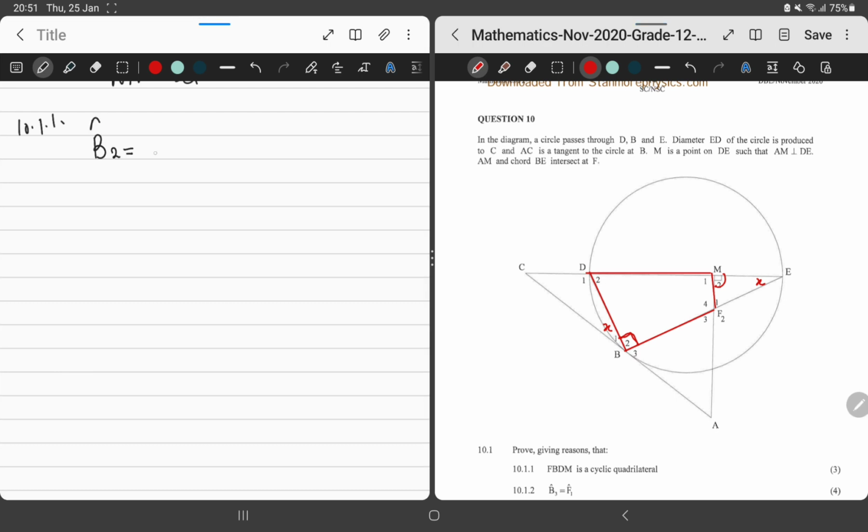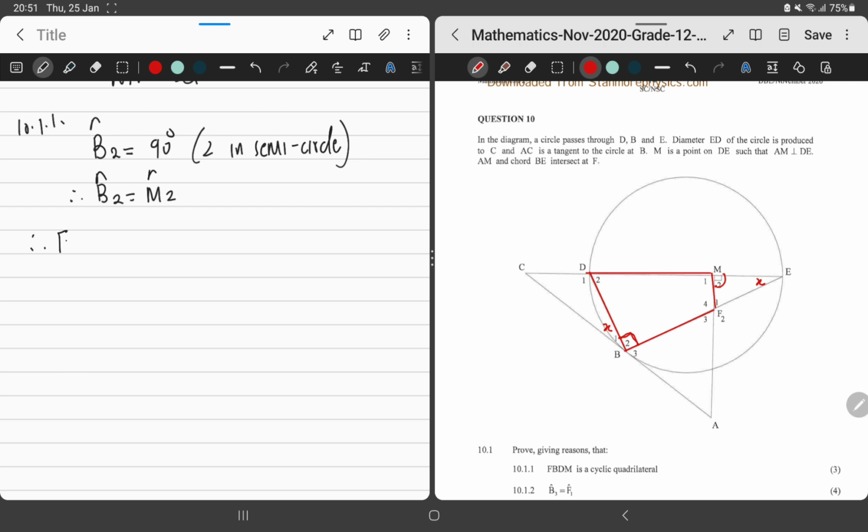B2 is equal to 90 degrees because it is an angle in a semicircle. And then this means that B2 is equal to M2.